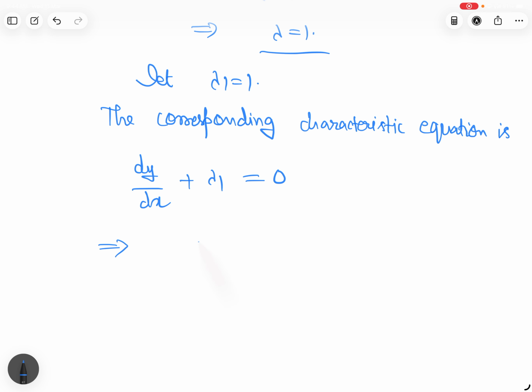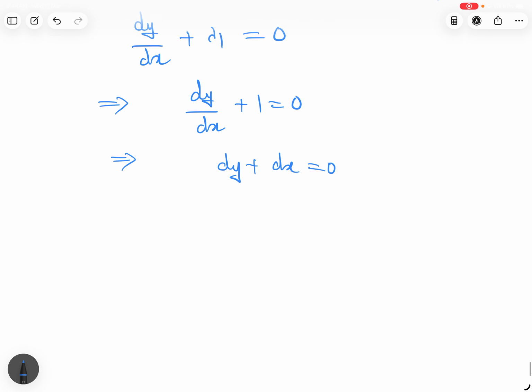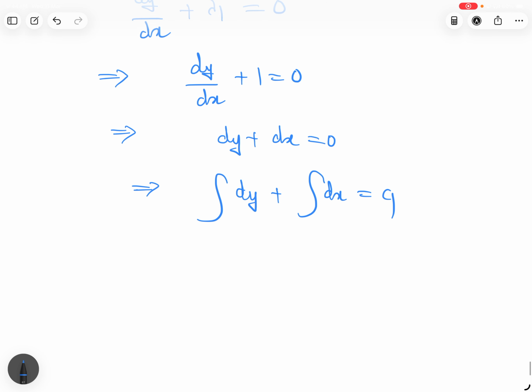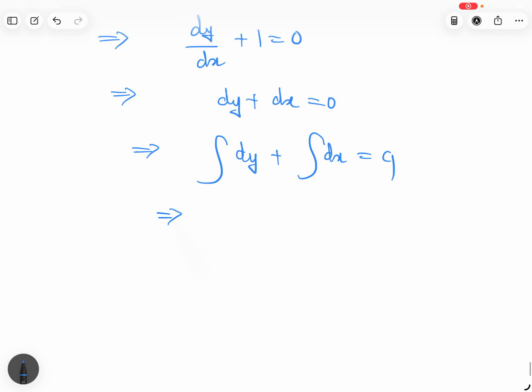So dy upon dx plus 1 is equal to 0. By variable separable method you have to solve it. Now integrating both the sides, what you will get? y plus x is equal to c1.